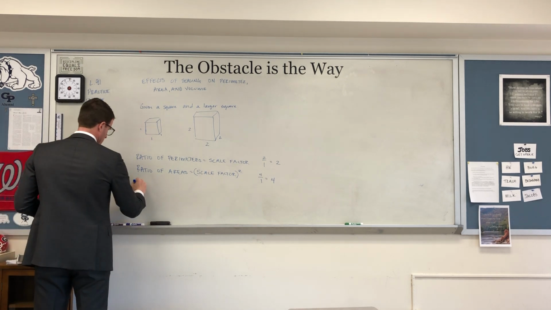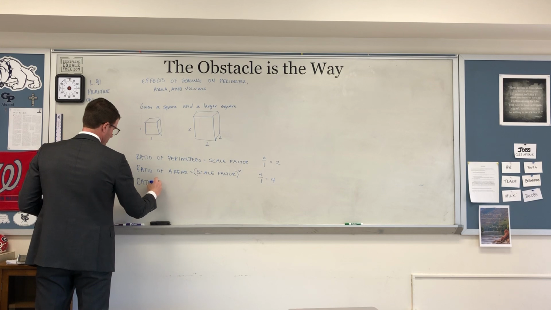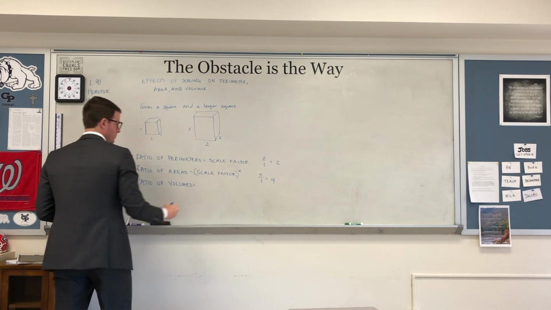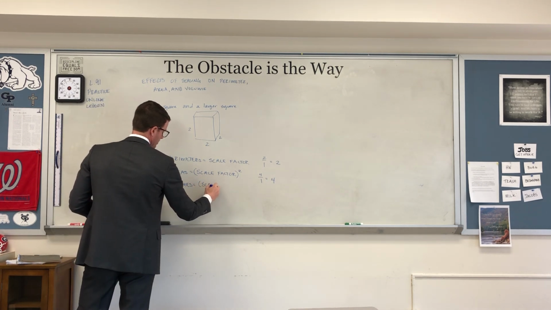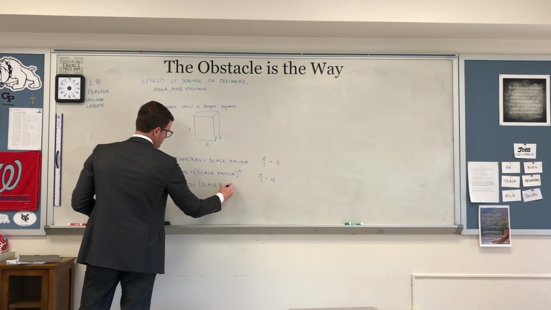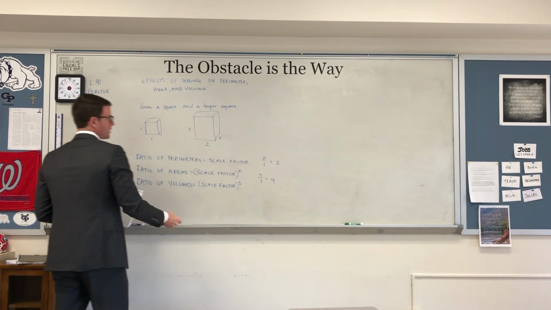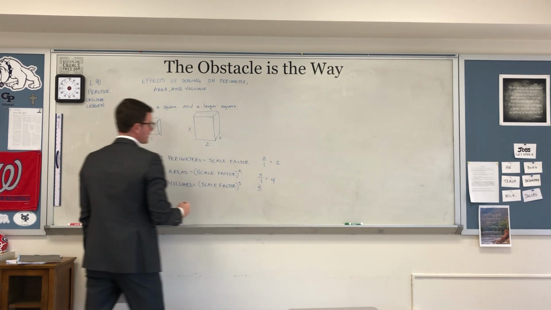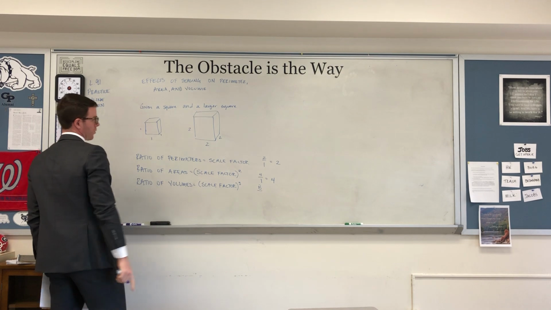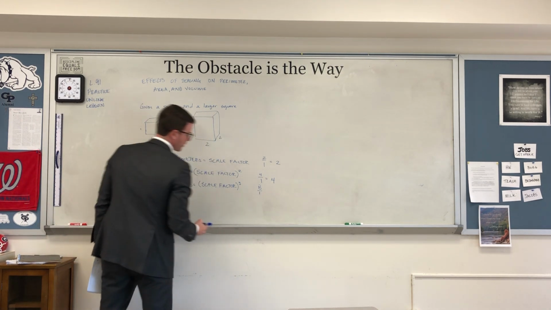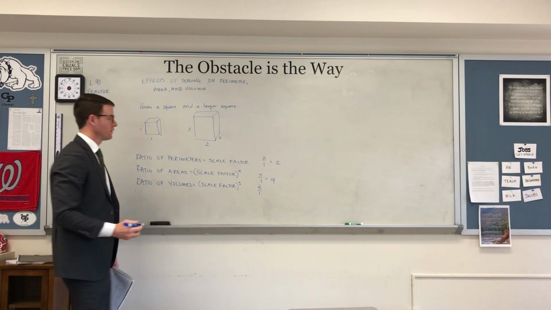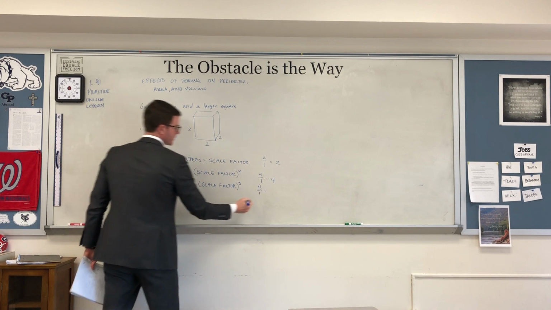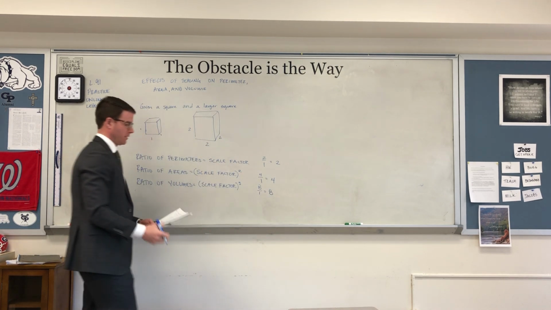Then I know that the ratio of volumes is equal to the scale factor cubed. So the volume of the larger cube is 8, 2 times 2 times 2, and the volume of the smaller cube is 1, 1 times 1 times 1. So the ratio of volumes, larger to smaller, is 8 to 1, which is equal to the scale factor, which we said is 2, cubed. 2 cubed is 8.